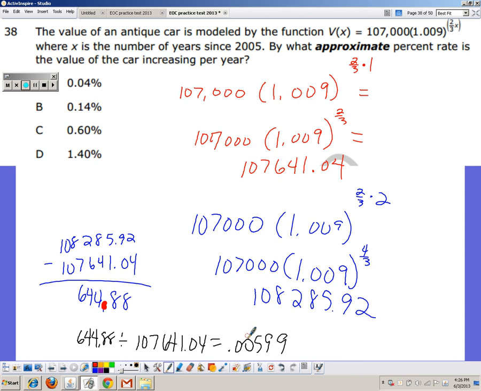And I get 0.00599, which as a percent is 0.599, which approximately is C, 0.60%.